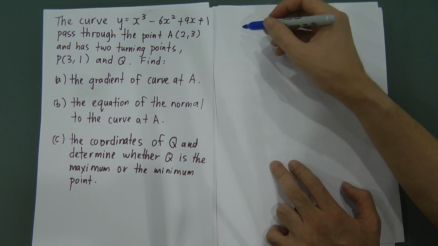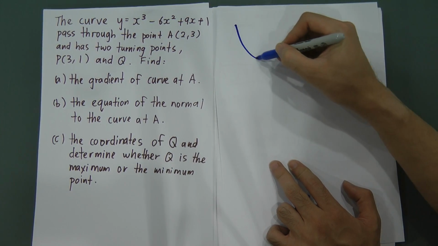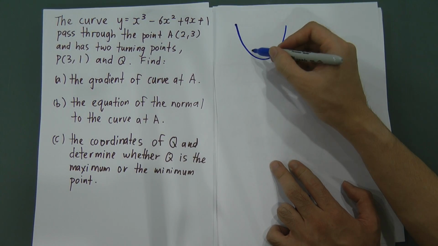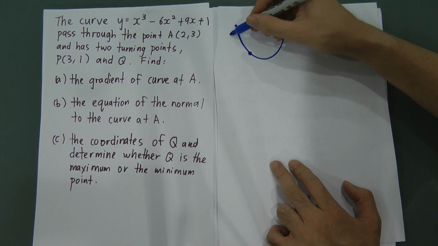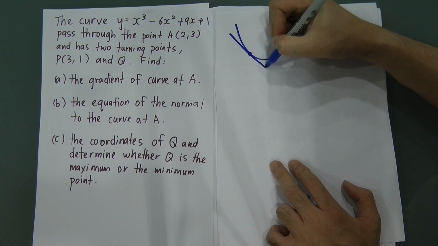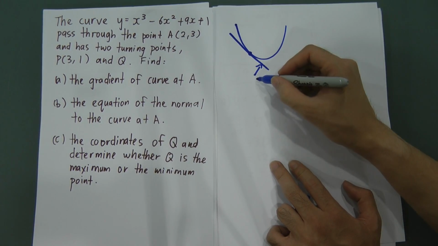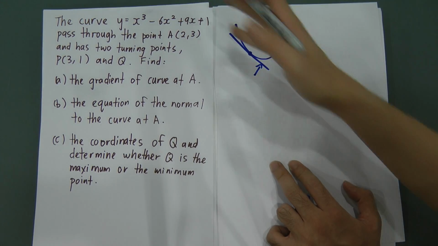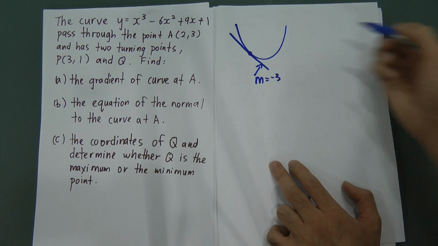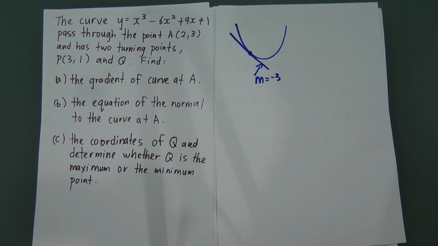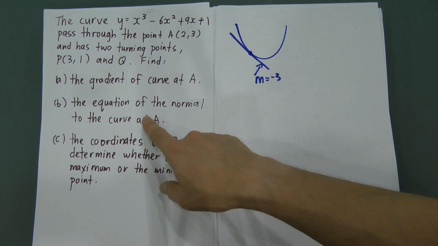Remember this, at A, we got the gradient negative 3. So the negative 3 actually means the gradient of the tangent. Correct or not? After that, he wants to find the equation of the normal to the curve at A.